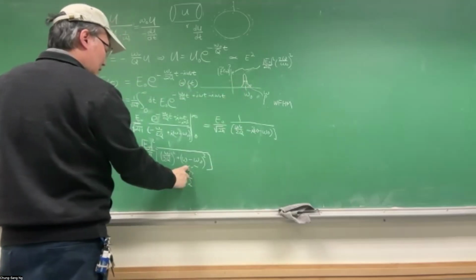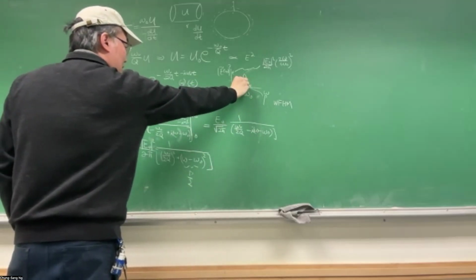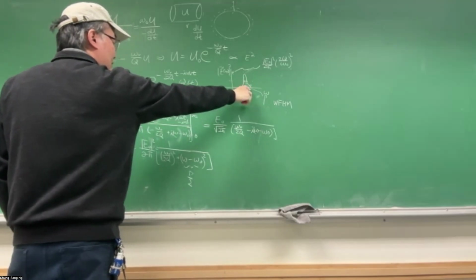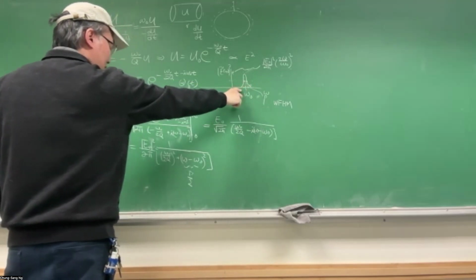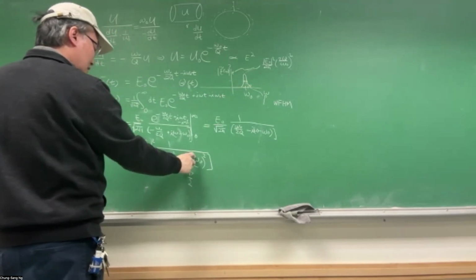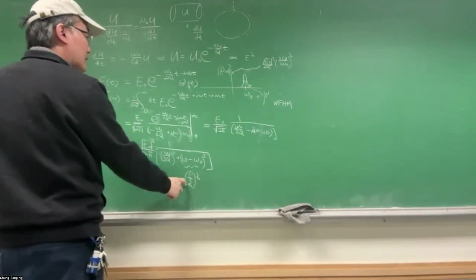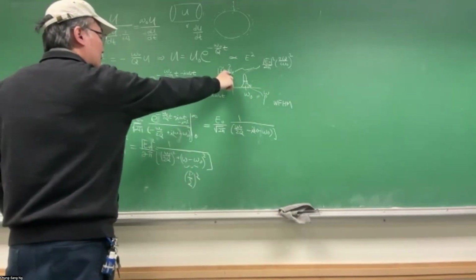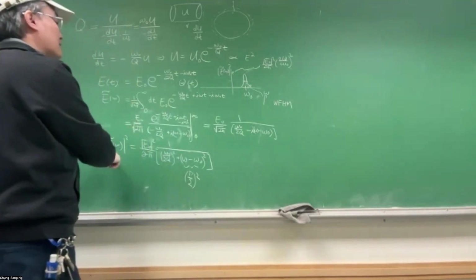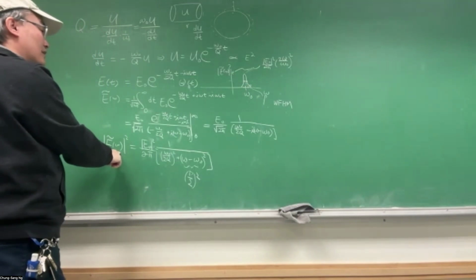So at this point or this point, this is omega sub 0 plus gamma over 2 or minus gamma over 2. This difference is gamma over 2, and then you take the square of that. This will make the intensity of the line at half.